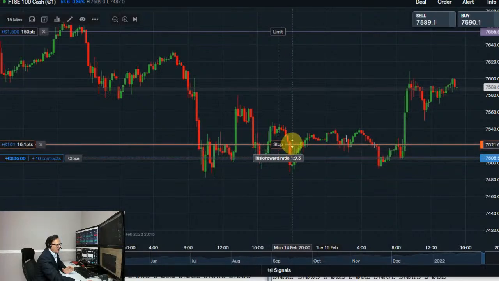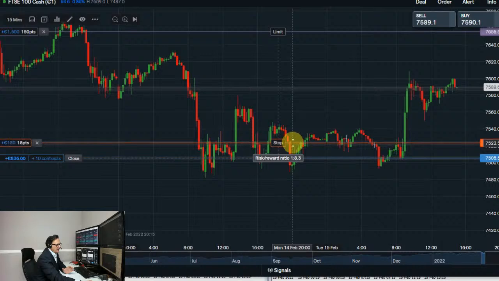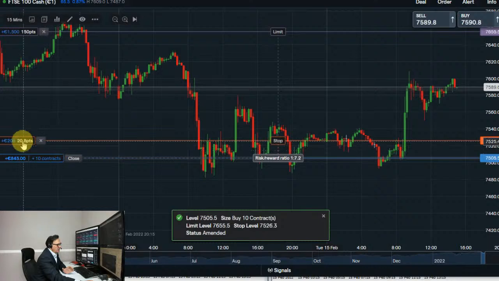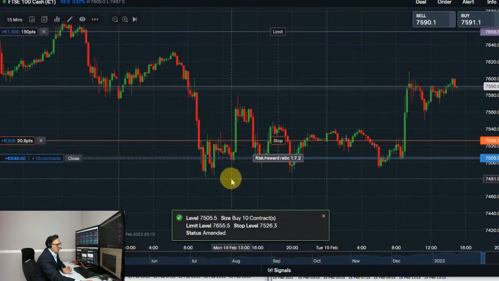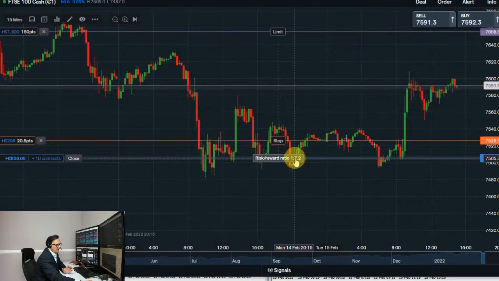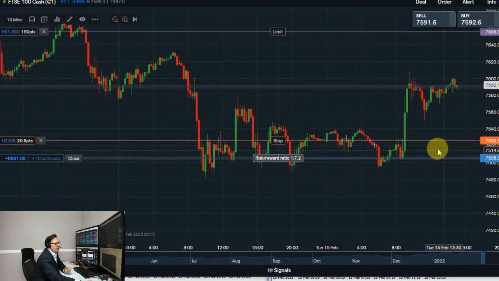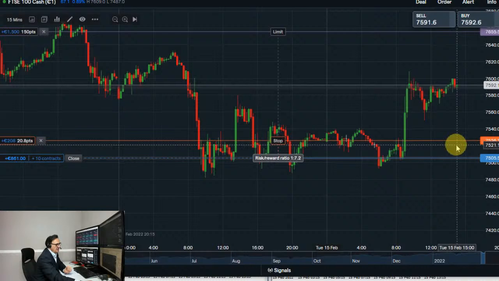I'm going to lock in some profit here at 75.26, so about 20 points of profit on this trade. So if the price starts falling rapidly, I'll be stopped out and get out with some money.